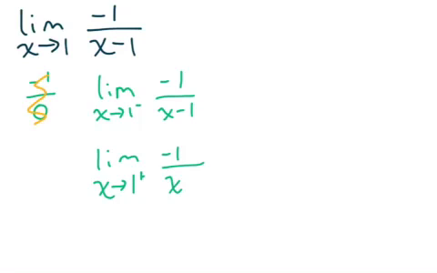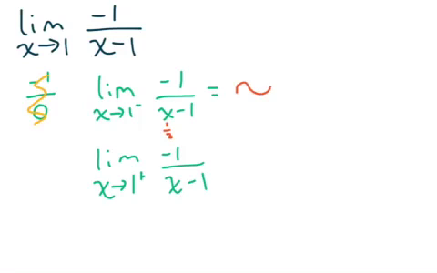And if we think about that, when we take a number that is smaller than 1, so let's imagine we plug in 1/2 here for x. Notice we'll get 1/2 minus 1, which is negative 1/2. But then when we take negative 1 divided by negative 1/2, we're getting negative divided by negative. So when we're coming in from the left side, we're getting negative divided by negative, which means, of course, positive.